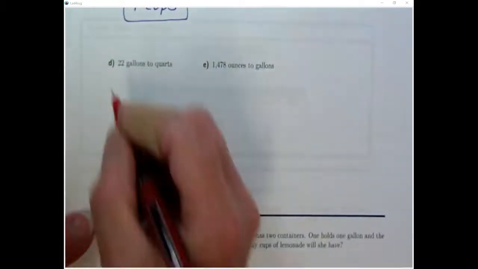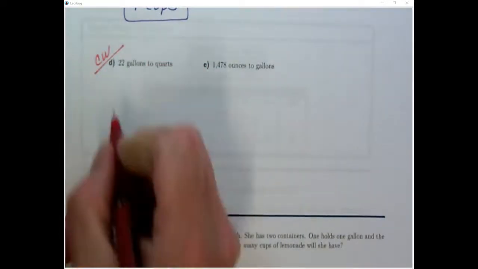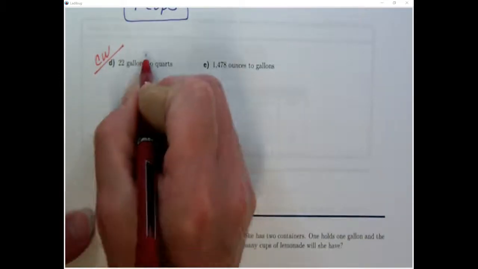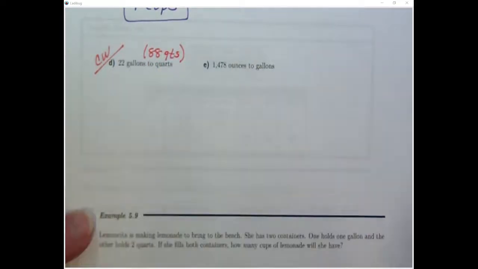Also, I'll have you do D, which is pretty straightforward, I think. Follow along the examples in your book as well. The answer for this one is 88 quarts. So there's lots of examples.